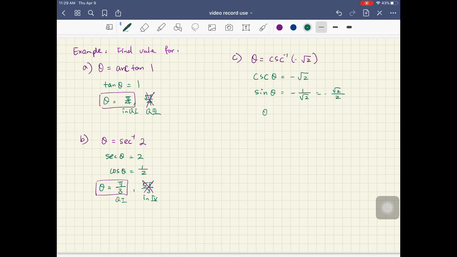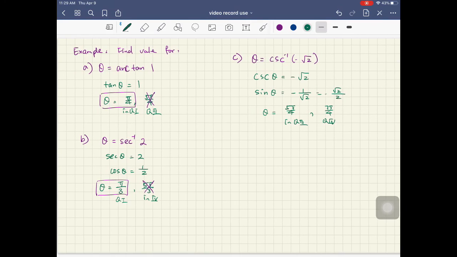That means theta is in quadrant 3 or quadrant 4. Negative square root 2 over 2 has a reference angle of pi over 4. So 5 pi over 4 or 7 pi over 4.